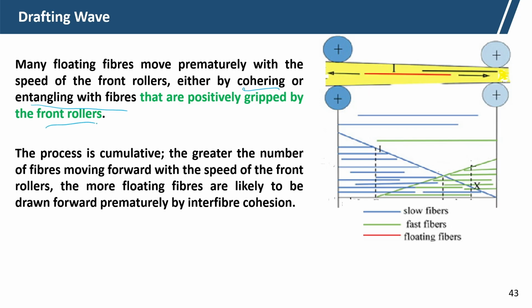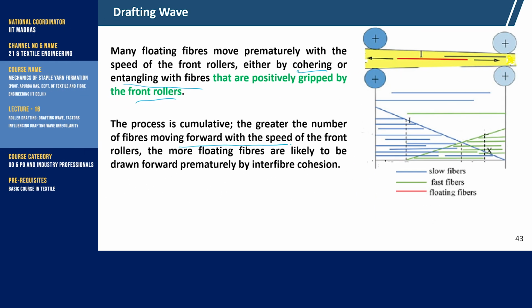The process is cumulative: the greater the number of fibers moving forward with the speed of the front rollers, the more floating fibers are likely to be drawn forward prematurely by interfiber cohesion. So, that will give a thick place.